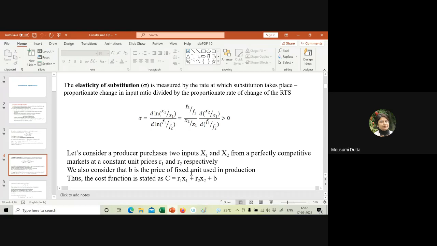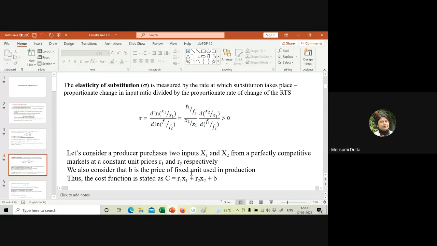Another concept is important in the context of the production function, that is the notion of elasticity of substitution. Are you familiar with this formula? Yes, ma'am. Okay. So the elasticity of substitution, here I'm denoting it by sigma, is measured by the rate at which substitution takes place.